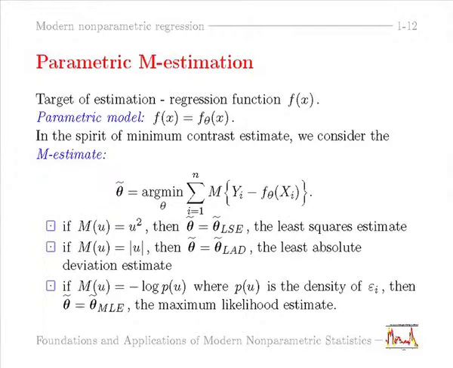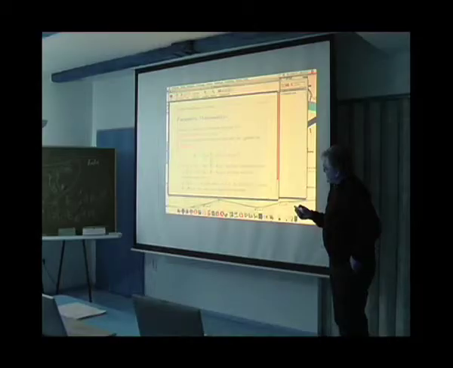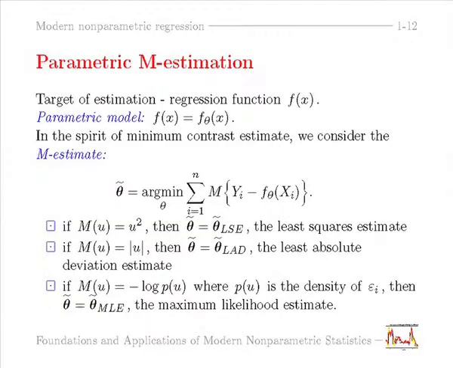We'll develop this in a general likelihood-based framework. Again, here I show you these minimum contrast estimators. A parametric model for this regression function is the solution to a parametric optimization problem, given by the minimum of a contrast function in terms of the normal distribution.